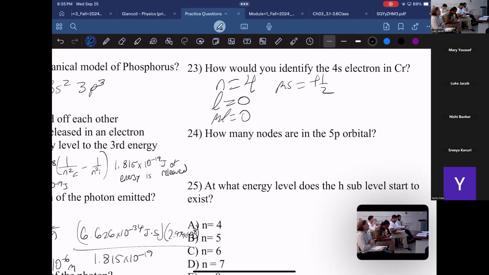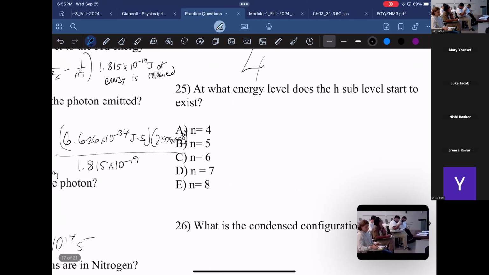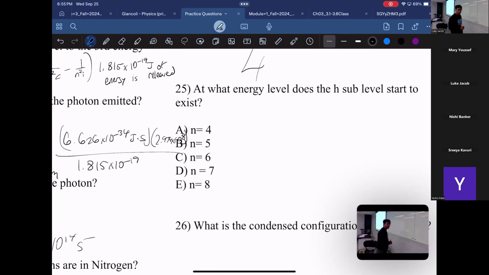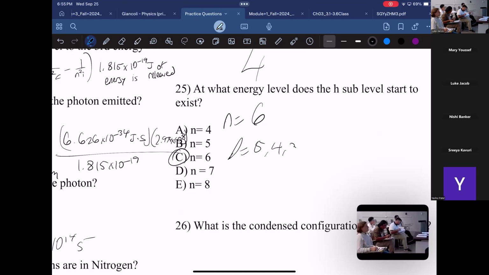Okay. How many nodes are in this? 4. Yes, good. At what energy level does the H sub-level start to exist? The answer is C. So if n equals 6, L could equal 5, 4, 3, 2, 1, or 0.